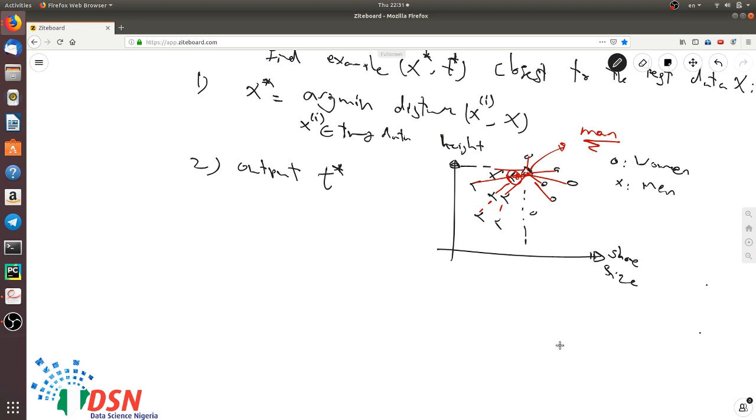Okay, so this is a real simple algorithm which has some advantages and disadvantages. One of the properties of NN is that it does not explicitly compute decision boundaries.